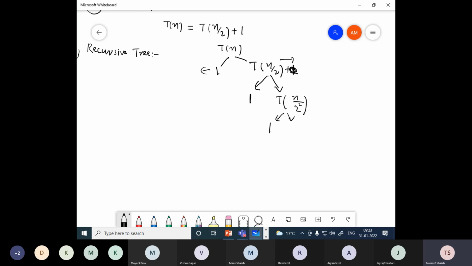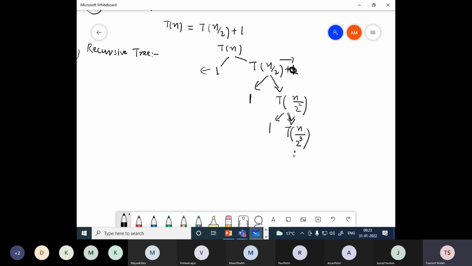So again, if we see this recursive call, T of n by 2 square, it will print the value of 1, which will be the value of n at that very time, which will take one step, and it will be calling itself by n by 2 power 3.